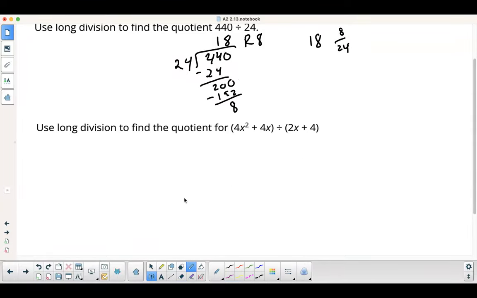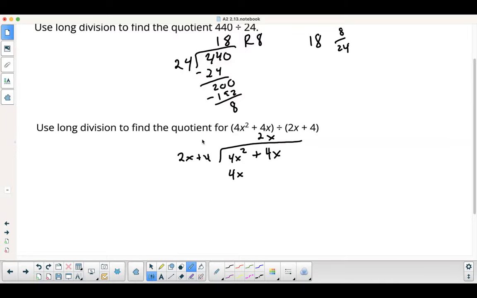All right, let's do this one here. 2x plus 4 times 4x squared plus 4x. So 2x times 2x would give me 4x squared. I multiply now, I get 4x squared.